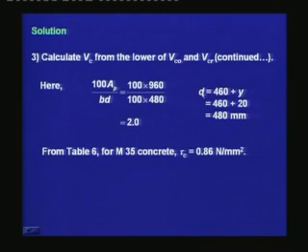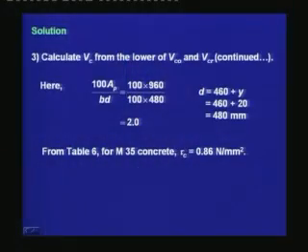D is calculated as the depth of the CGC, which is 460, plus the displacement of CGS from CGC at the critical location, which is given as Y. Thus, D is equal to 460 plus 20 is equal to 480 millimeters. That is, the depth of the CGS at the critical location is equal to 480 millimeters.